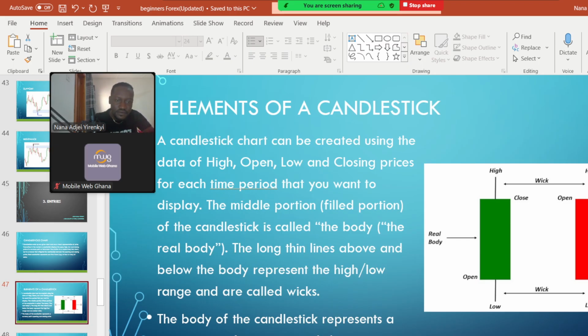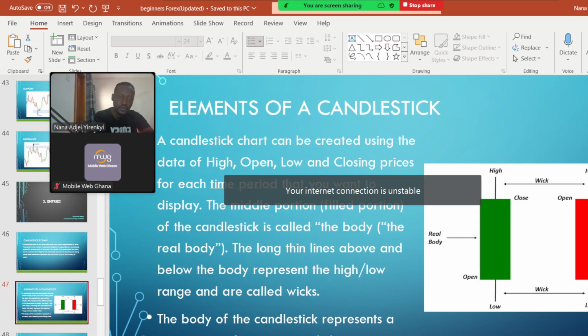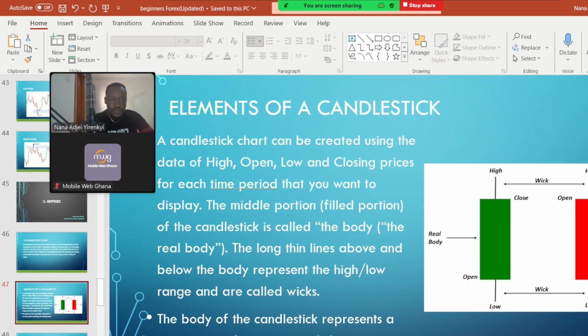So the filled area below of the bearish candle is what we call the closing price of the candle.